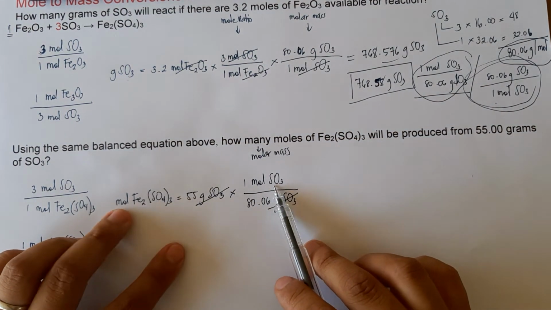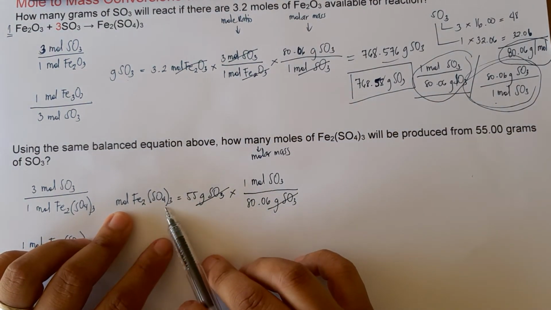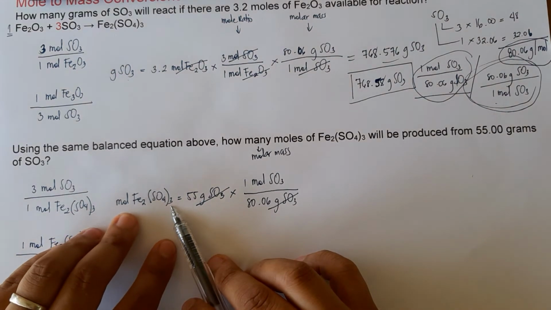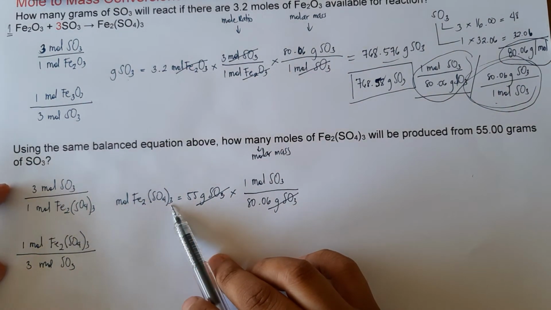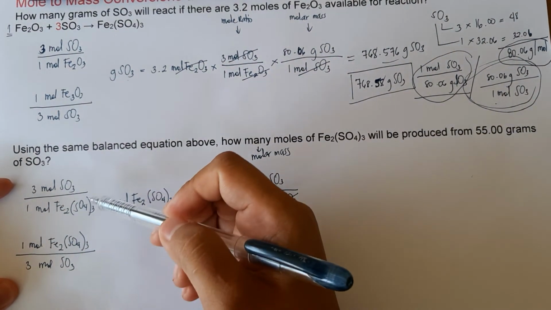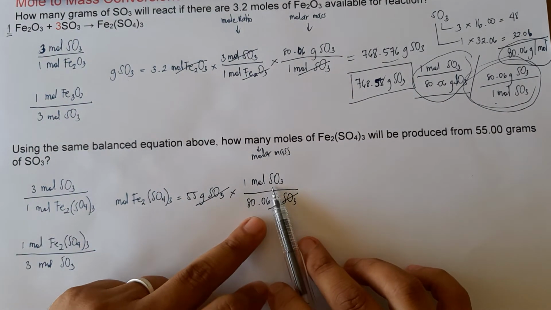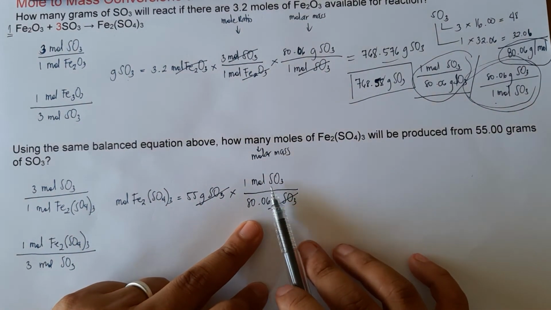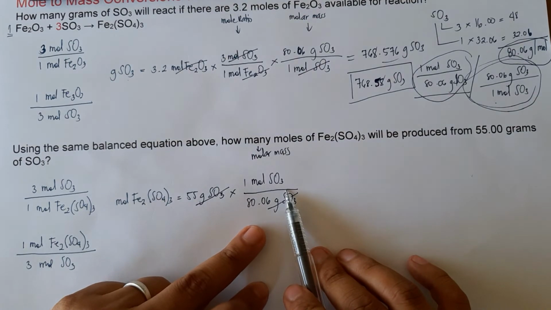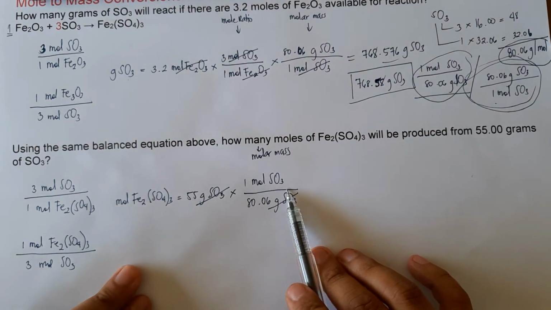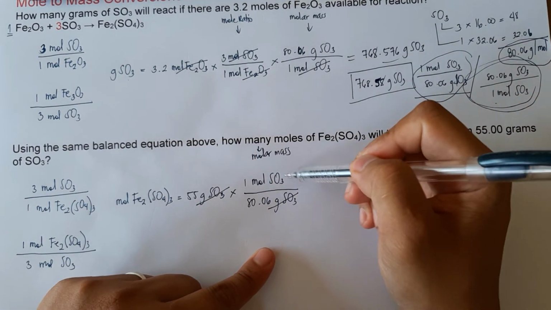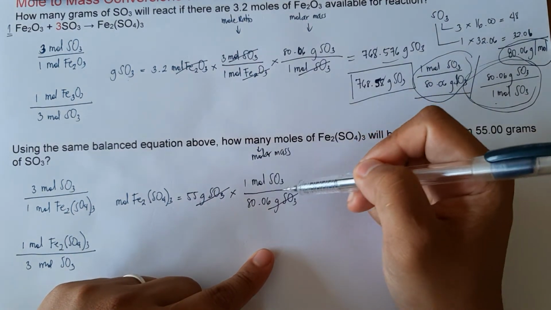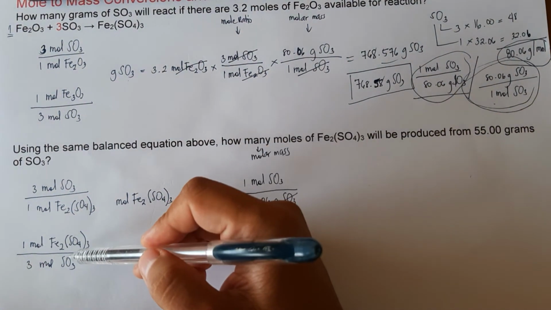Now, para makuha natin itong moles of Fe2(SO4)3, we are going to use now the mole ratio naman. Isa dito sa dalawang ito. As you can see, kailangan nating makancel si mole SO3 para mapalabas si mole Fe2(SO4)3. So, kailangan nasa ilalim ang mole SO3. At saan natin makukuha yung nasa ilalim ng mole SO3? Itong isang ito.